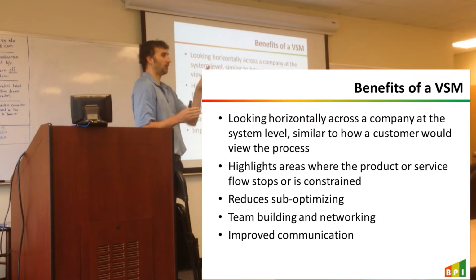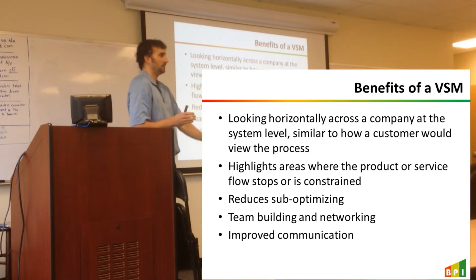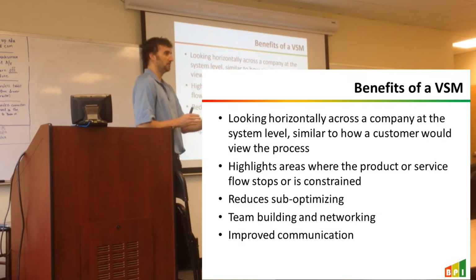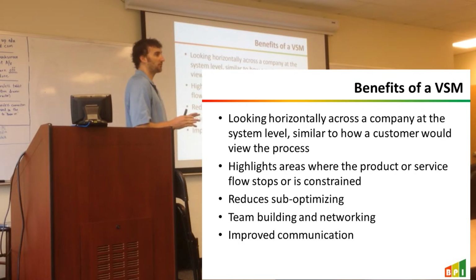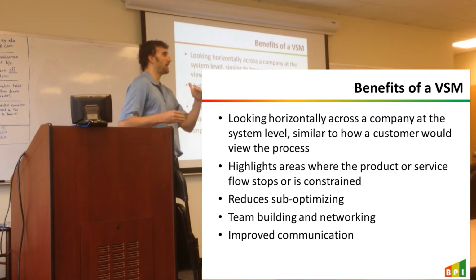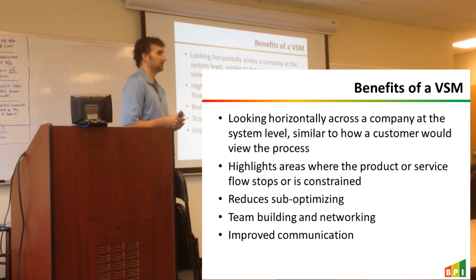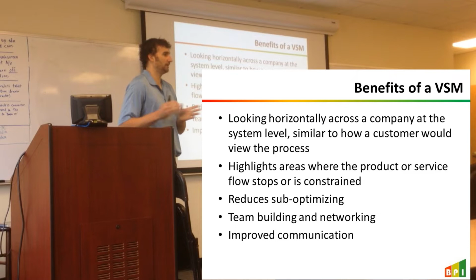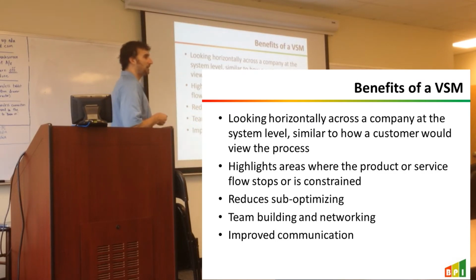We try to do our job the best we can, and we hope that we're aligned with what the customer needs, but what happens is we end up sub-optimizing our work and making our jobs more efficient, but that can cause problems for the horizontal perspective across the value stream, or across those silos. Everyone's doing their own thing to make their job easier, and the customer loses in those situations, because no one's responsible for making sure the customer experience is efficient throughout the whole system.